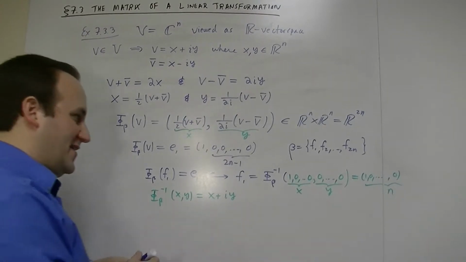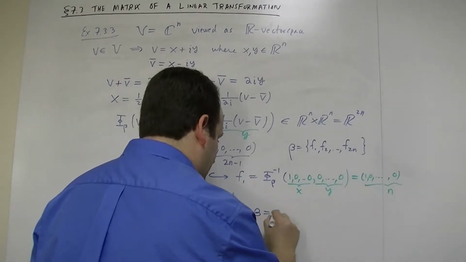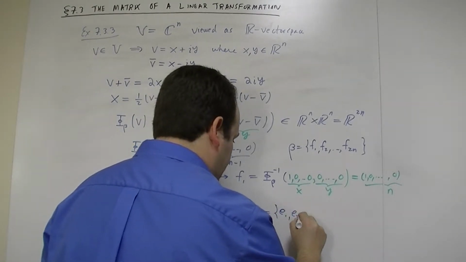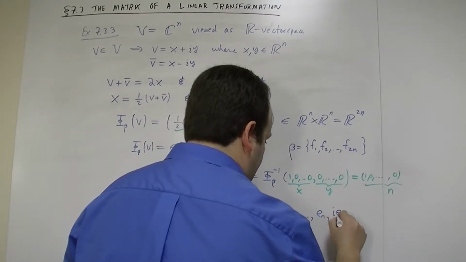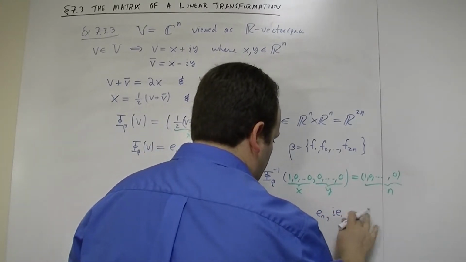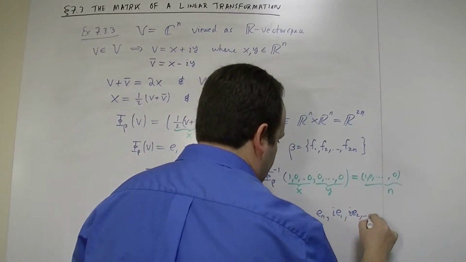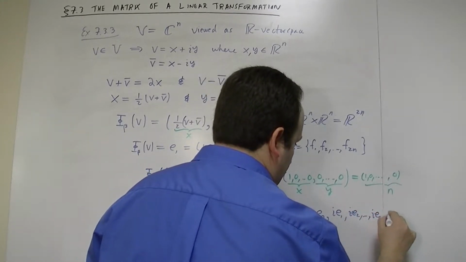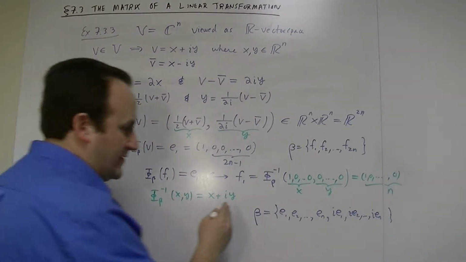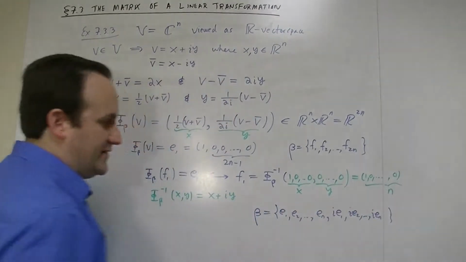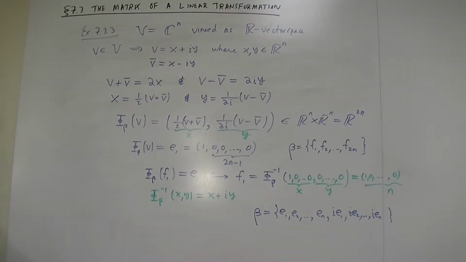If you keep working this out, what you're going to get is that beta is equal to E1, E2, ..., En, and then iE1, iE2, ..., iEn. So it's basically the standard basis and then the imaginary unit times the standard basis. That's the basis with respect to which this is the coordinate mapping.